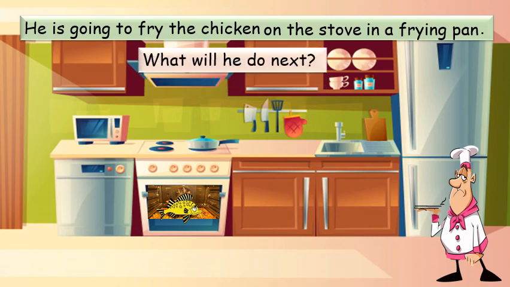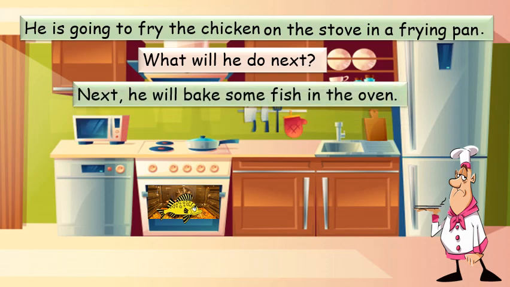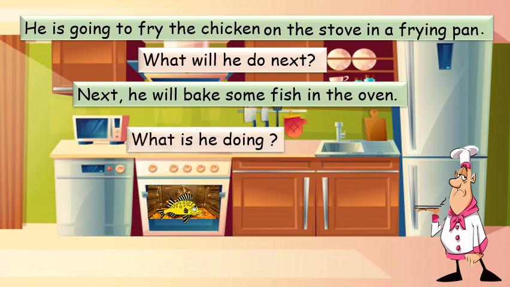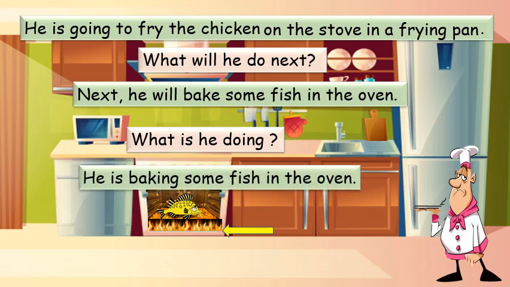What will he do next? Next, he will bake some fish in the oven. What is he doing? He is baking some fish in the oven.